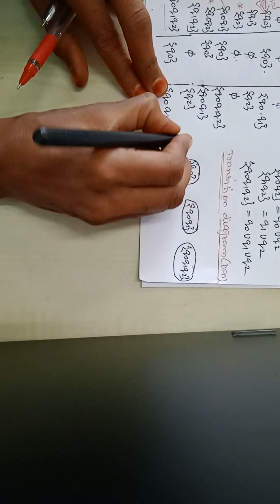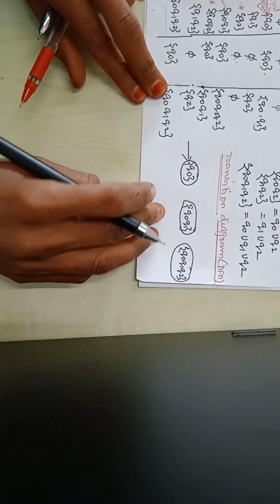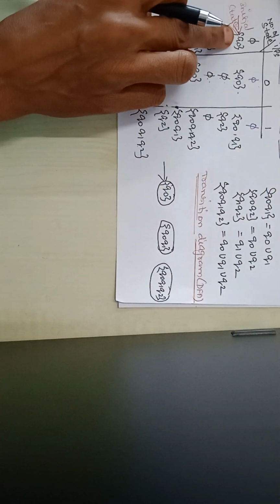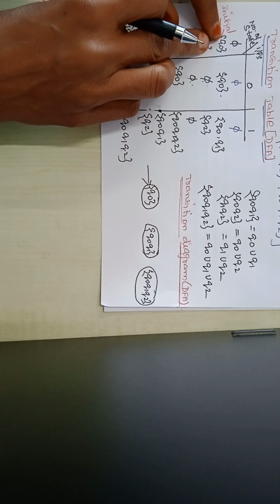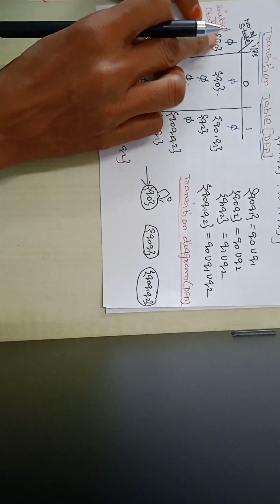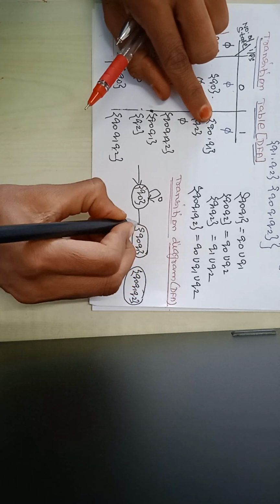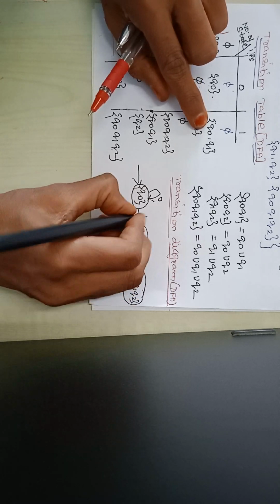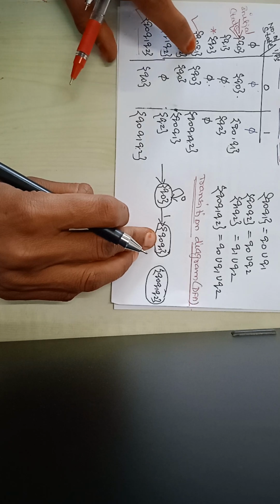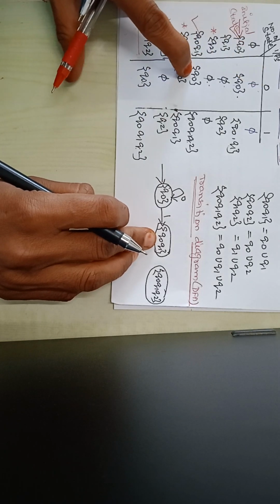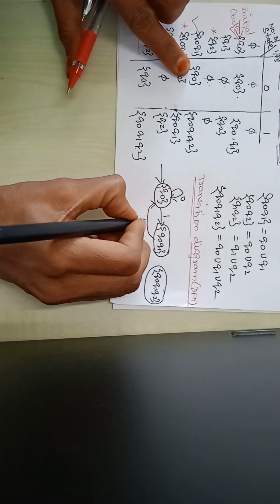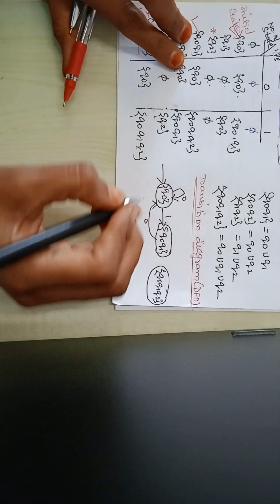Here Q0 is the starting state. Q0 comma 0 means Q0, so you put 0. Q0 comma 1 means the transition goes to Q0 Q1. Then Q0 Q1 comma 0 means Q0, the transition goes to Q0.